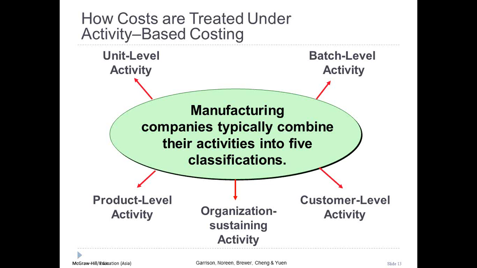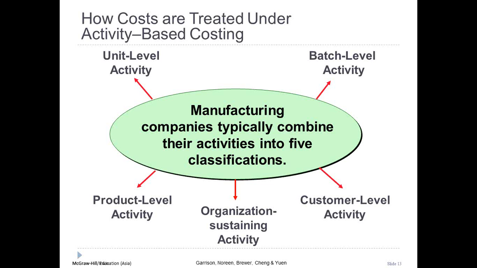So, for example, setting up equipment and shipping customer orders are batch-level activities. Product-level activities relate to specific products and must be carried out regardless of how many batches are run or units are produced or sold. For example, designing or advertising a product would be product-level activities.